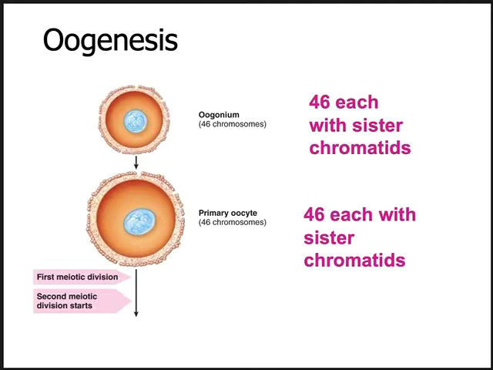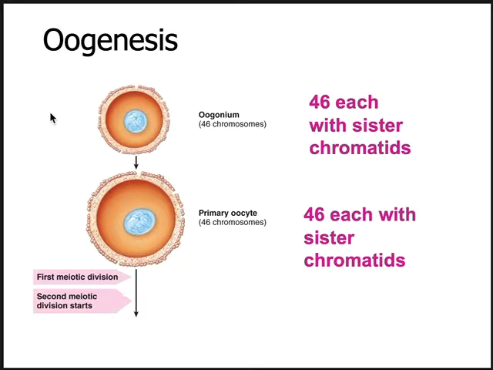Okay, so all the oogonium that a female has will undergo mitosis. That's the germ cell. Okay, so right here. Then those will result in your primary oocyte. Okay, so mitosis is the first step to make identical copies.